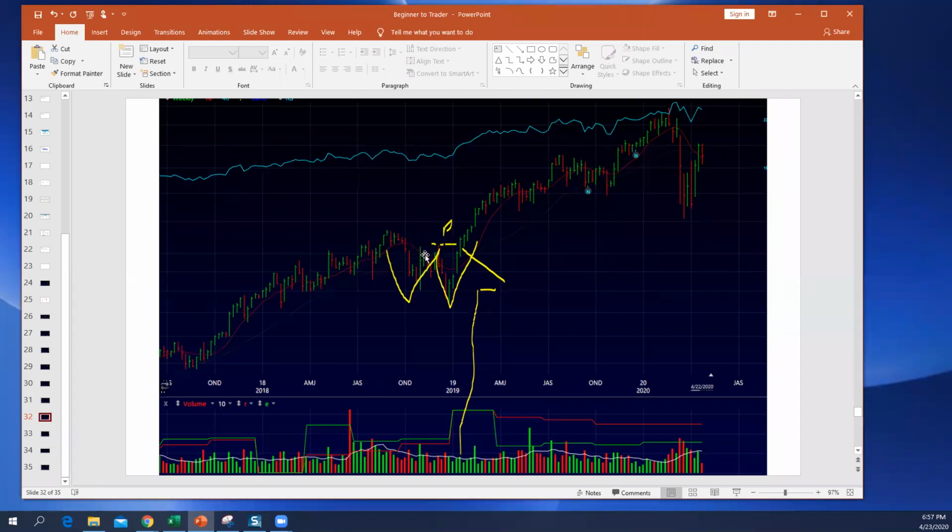And then the shorts come in, and this is really short covering to some extent. And then they sell it off again. And then you want the second V to be lower than the first V, and that's critical. If the bottom of this V is not lower than the bottom of that V, you have a flawed pattern. So it's not something you want to play.